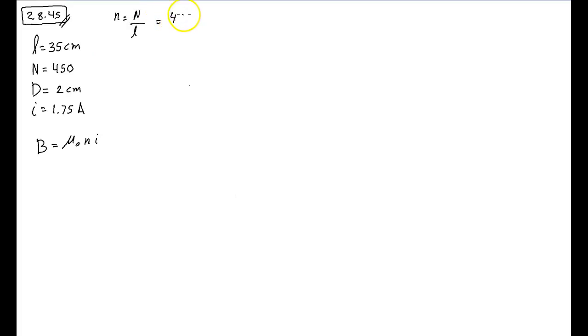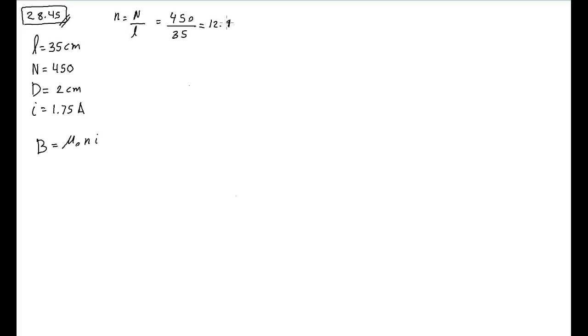If you've got a spring, the length of that spring is not the same as the length of the wire the spring is made out of. This is just the length of the spring. So we figure out what that is, because we want to plug it in to find the magnetic field.